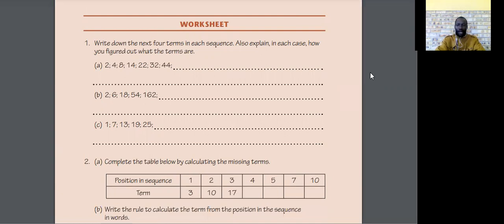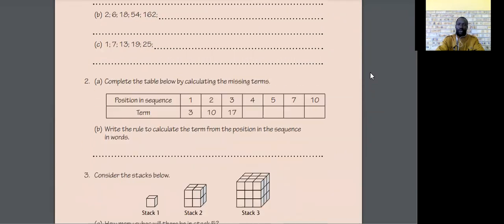So please make sure you use that time well, because this investigation is going to be part of the final marks which will appear in your report. So I've broken it down. Square numbers starts at 8:45. Triangular numbers starts at 9:30. Then at 10:30, you do the general investigation, which is on this worksheet here.